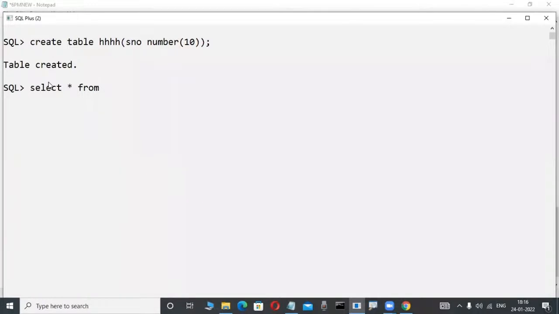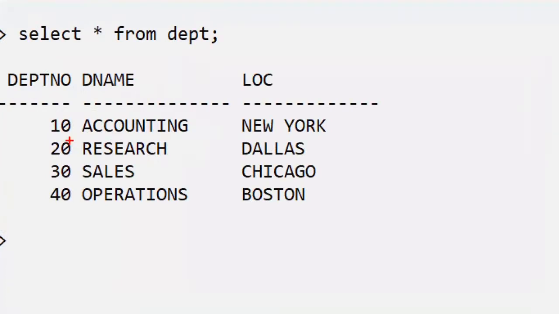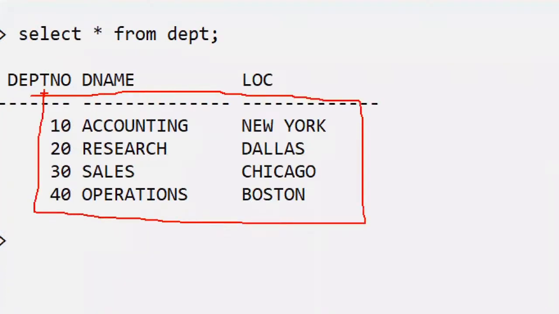Whenever there is a logical structure, data is represented in a matrix format, rows and columns. That's why this is a data model: how data is represented at a logical structure.